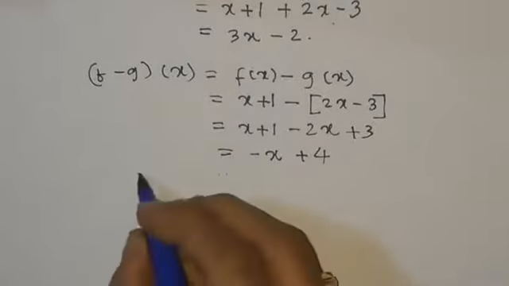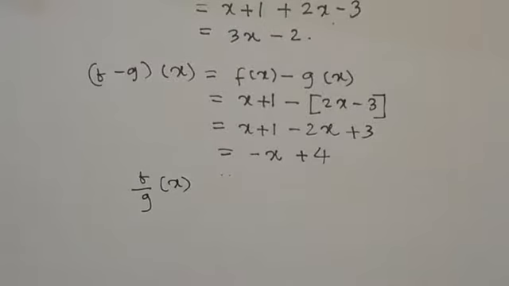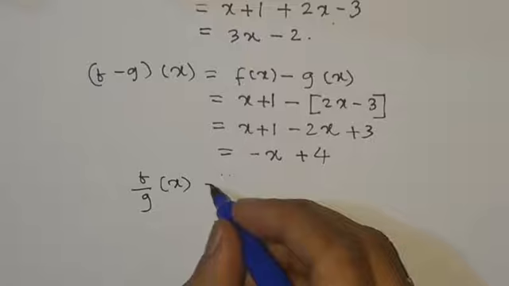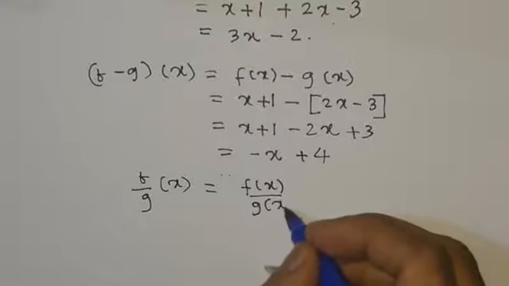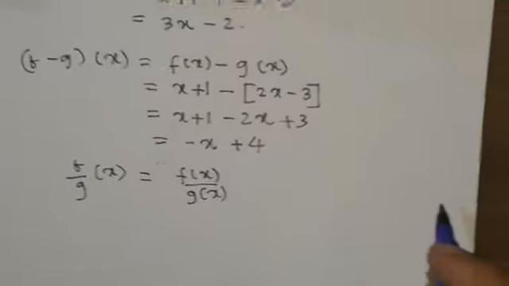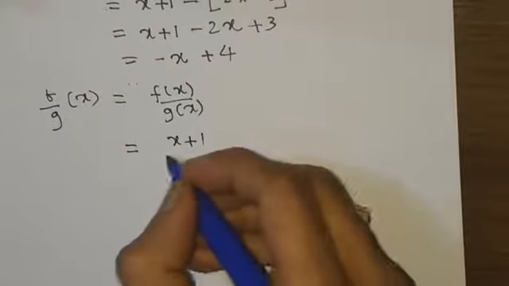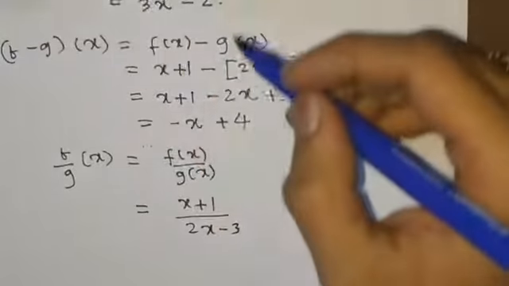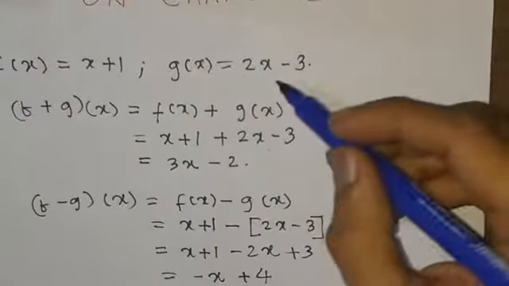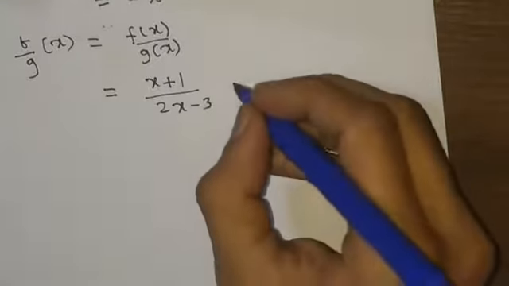Now let us find out f / g. We have to take x, so (f / g)(x) will be equal to f(x) / g(x). Now this is equal to (x + 1) / (2x - 3), because f(x) is x + 1 and g(x) is 2x - 3.